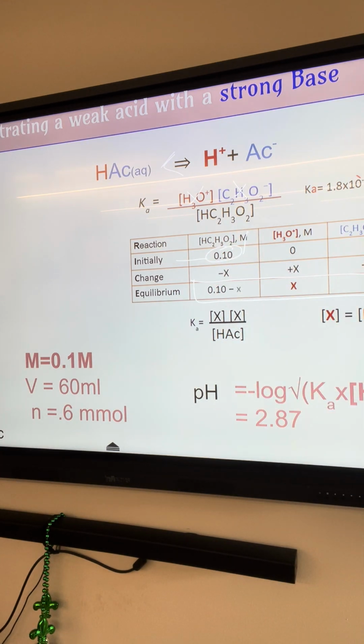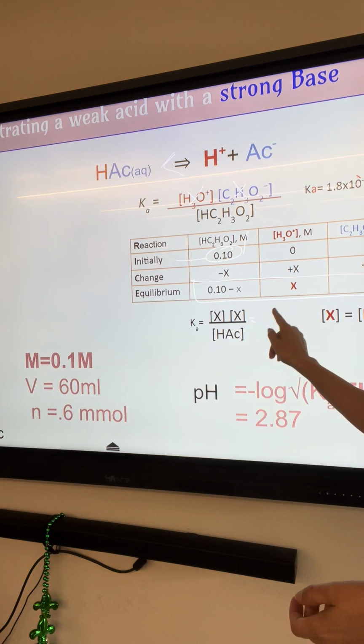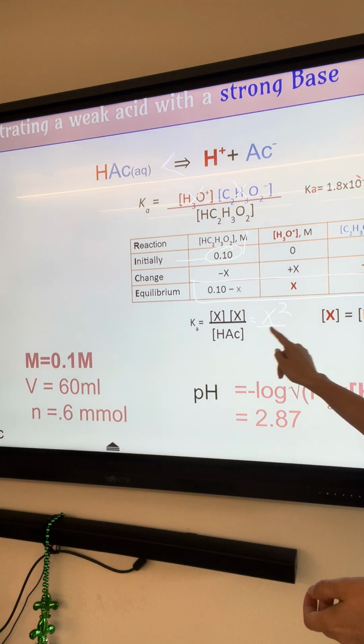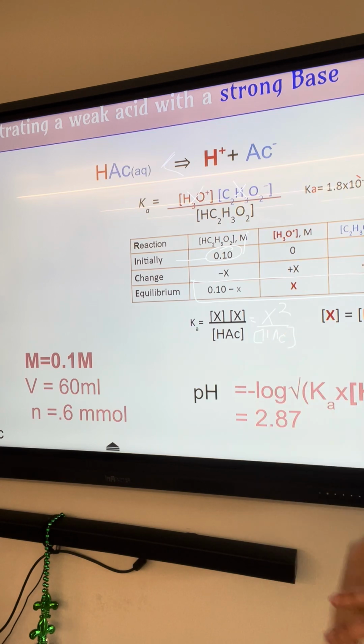So I end up with Ka is equal to X squared divided by HAc. What is important here? To realize that X is the concentration of hydrogen ions. That's what I'm going for. My whole purpose in life right now is to figure out the pH.